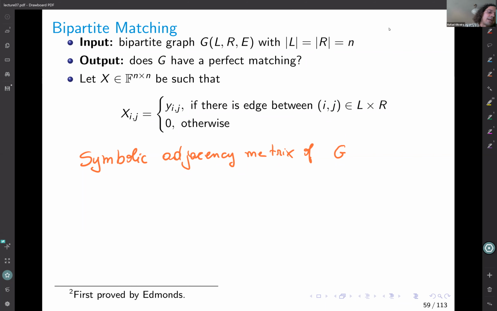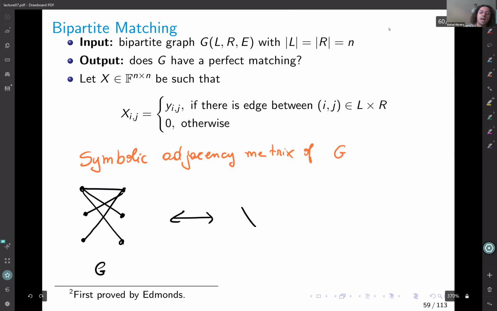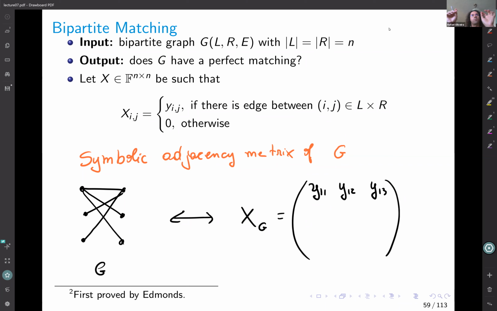So again, if we look at our graph G, this is our graph G. Now, what is the matrix that corresponds to it? X of G will be the following matrix. We will have y11, y12, y13, because 1 is connected to 1, 2, and 3.